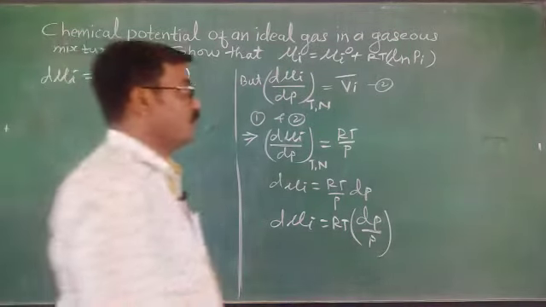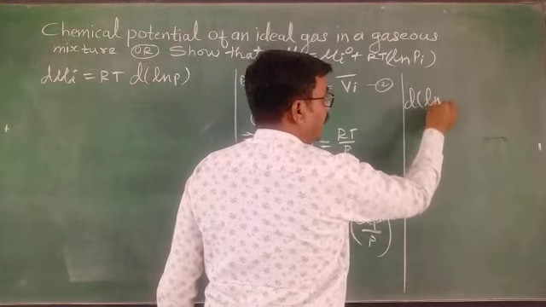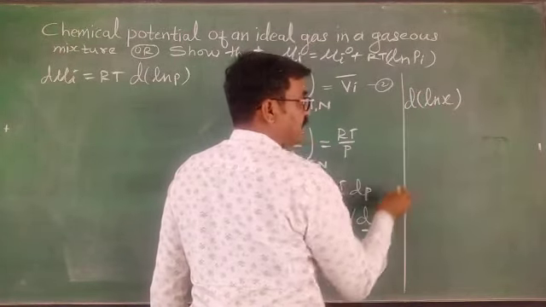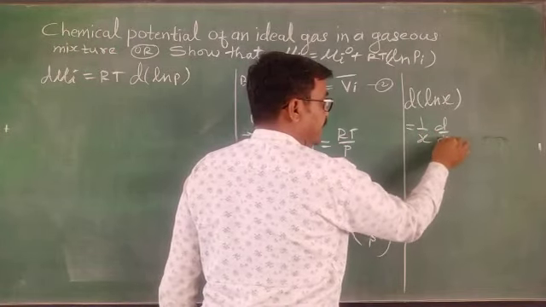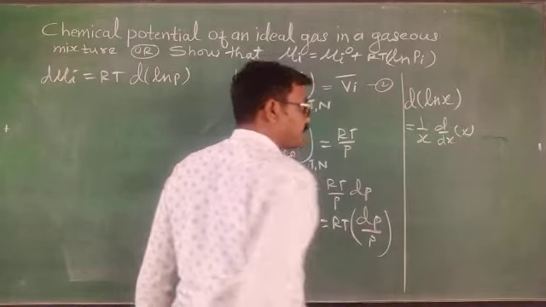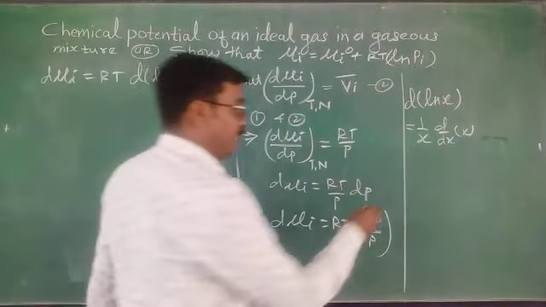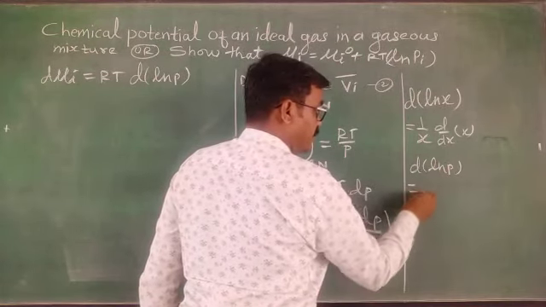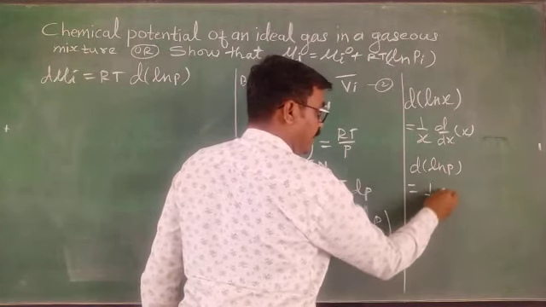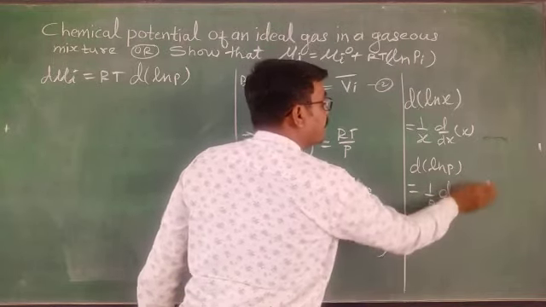Why is it so? Because if you have to find the derivative of ln x, it will be 1 upon x into d/dx of x. So what is the derivative of ln P? The derivative of ln P is equal to 1 by P into the derivative of P, that is dP.